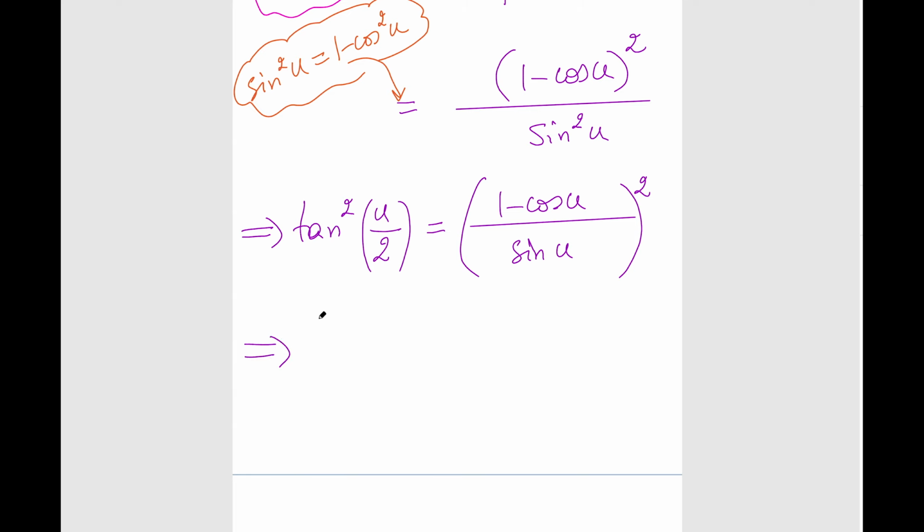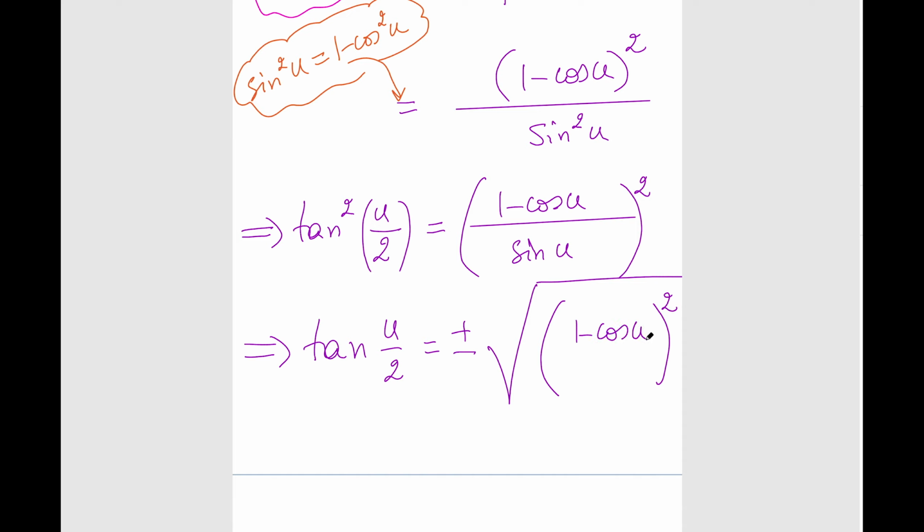This means that tangent of u over 2 is equal to plus or minus the square root of the square of 1 minus cosine of u divided by sine of u, right? So we get this. And what's the square root of the square of something? You don't know what this thing is, maybe positive, maybe negative.